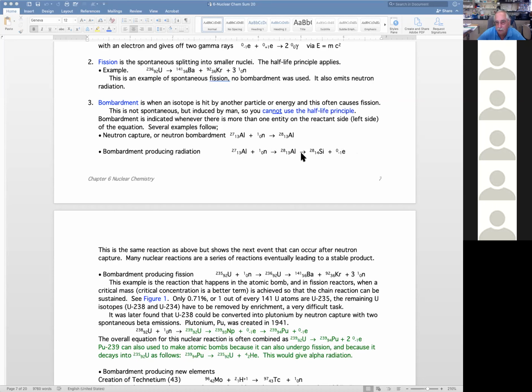So notice 13 is equal to 14 plus a -1, right? So my point being here is I could show you this as a sequence, and it looks like neutron capture and then spontaneous radiation. Or what if I left out this intermediate part right here? Then you would observe that is bombardment causing radiation. See what I'm getting at?